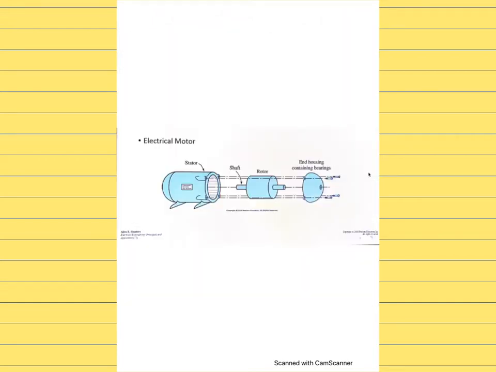So here is a picture which explains the parts. You can see the outside frame, and here is what we term as the stator, right? And then this part is your rotor, which, you can see, this is the shaft in here.